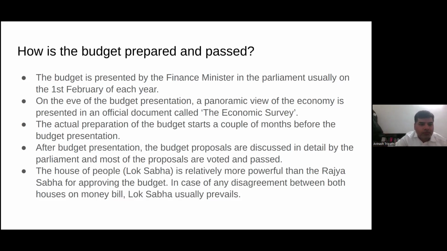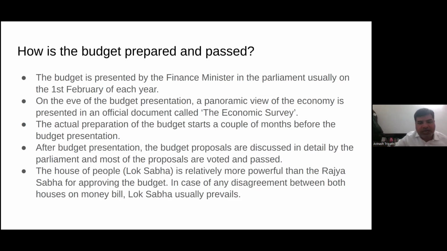Okay. And the actual preparation of the budget starts a couple of months before the budget presentation. So let us say that budget is going to be presented in February. So in November or December, this budget preparation actually starts.